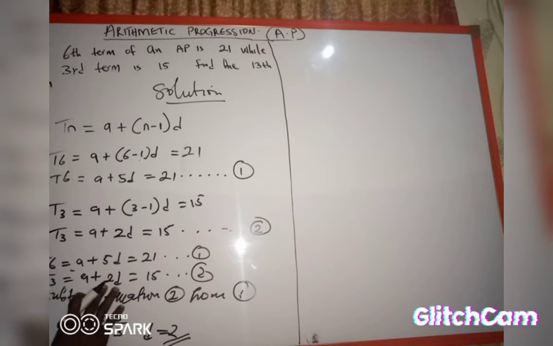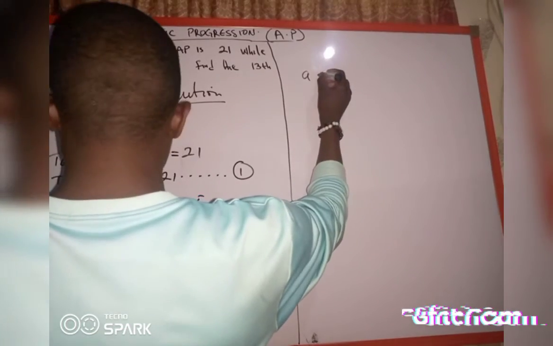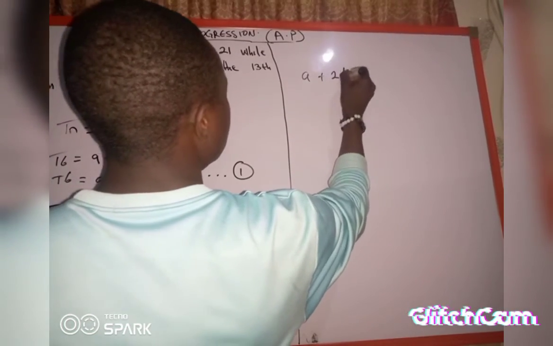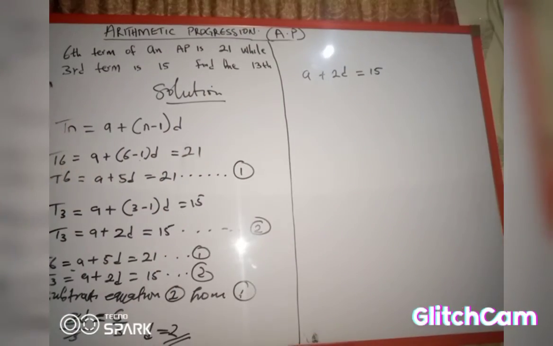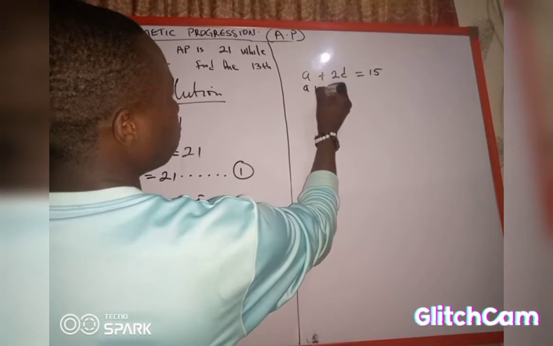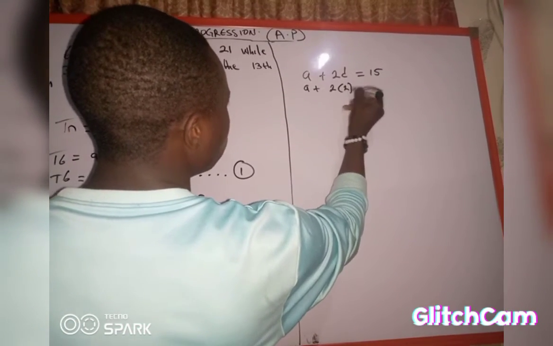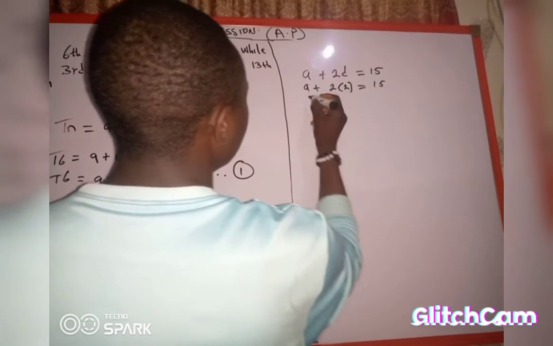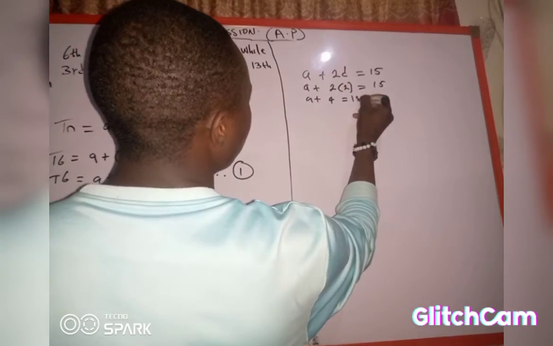So let's use equation 2. Equation 2 is A plus 2d, which equals 15. And the value of my d from here is 2. So in place of d now, I'll write 2. A plus 2 times 2 is 4, equals 15.